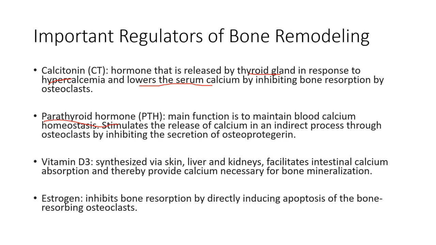Parathyroid hormone does kind of the opposite. Its main function is to maintain blood calcium homeostasis. So if we have too little calcium, the parathyroid releases parathyroid hormone, which indirectly stimulates osteoclasts by inhibiting the secretion of osteoprotegerin, which inhibits osteoclasts.